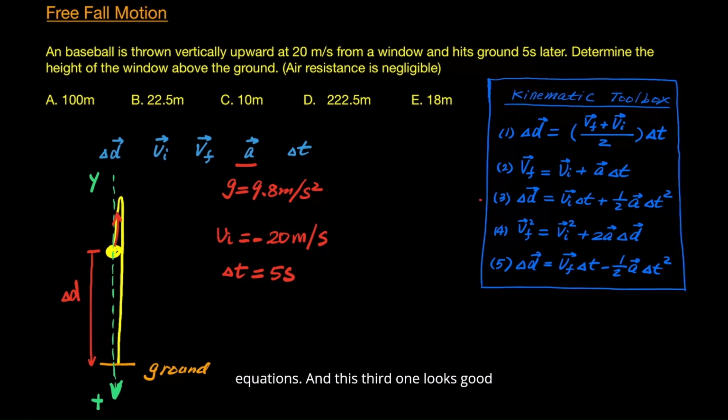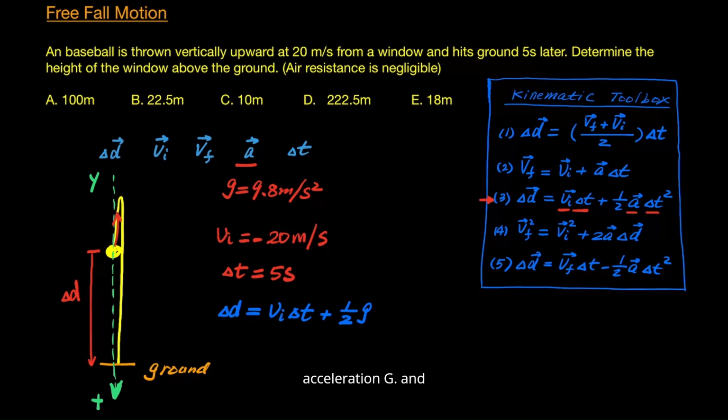And this third one looks good to us because it uses the initial velocity, delta t, the acceleration, and delta t again to solve for the displacement, delta d. Now let's copy it. Delta d equals the initial velocity multiplied by delta t plus 1 over 2, and the acceleration in our case is the gravitational acceleration, g, and then delta t squared.